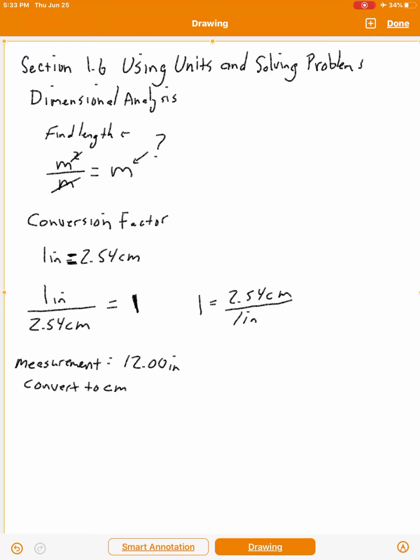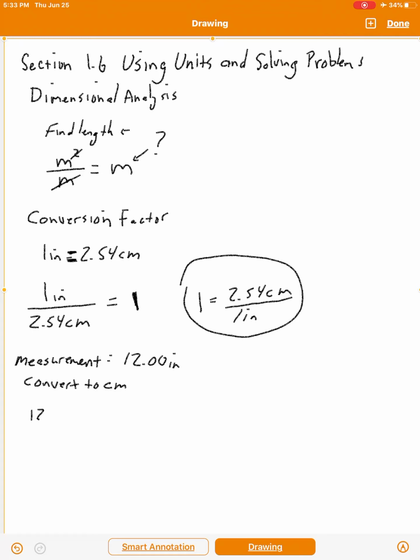Which one do you think it is? It's the second one. It's the one on the right. And here's why. Here's a way to tell in any case. If you take the measurement 12.00 inches, and you multiply that by 2.54 centimeters per 1 inch, the inches divided by inches is 1, and our answer will be in centimeters.